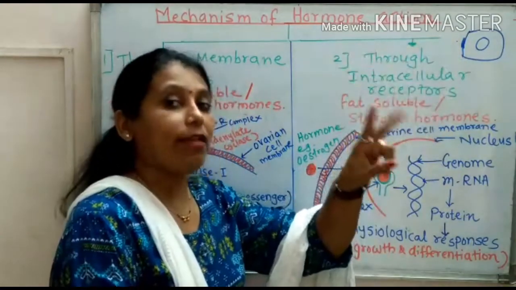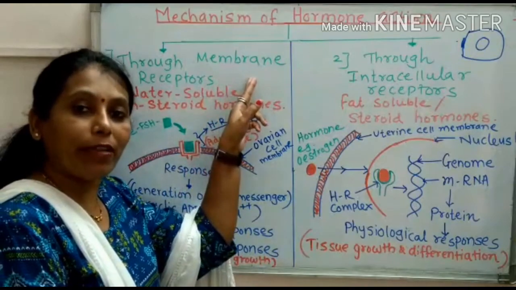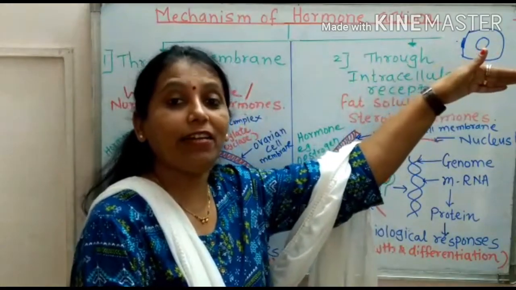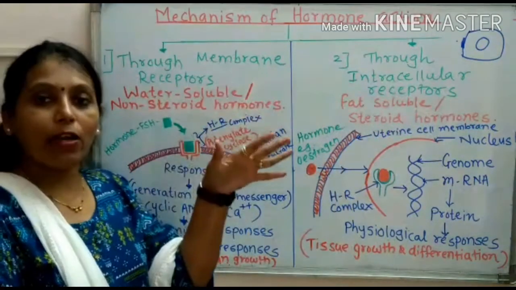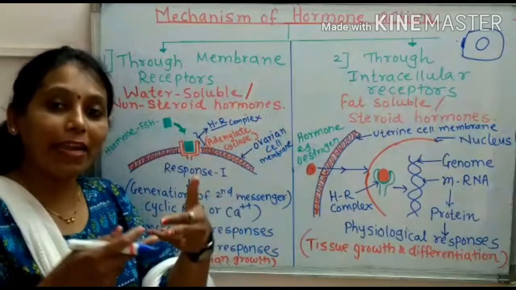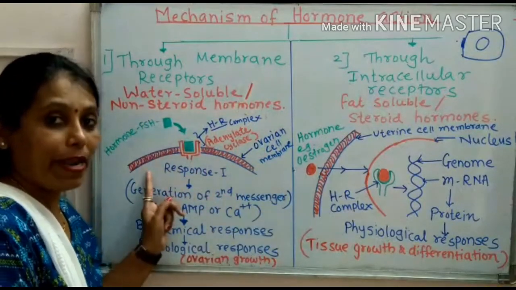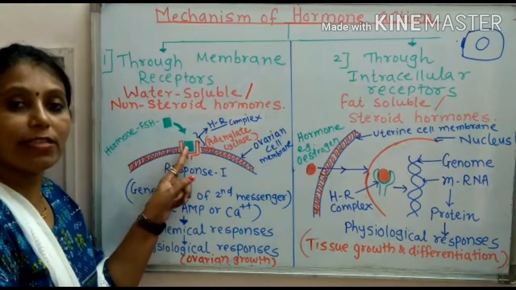Second thing, as they are water soluble, they cannot enter inside the plasma membrane, so they directly bind to the receptors present on the cell membrane. Here this is the receptor and here this is the hormone.